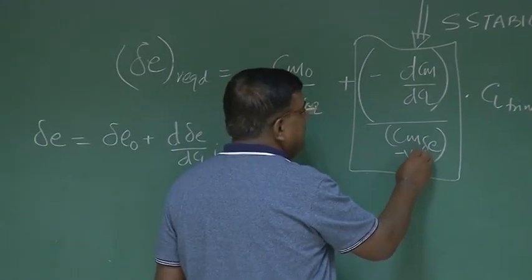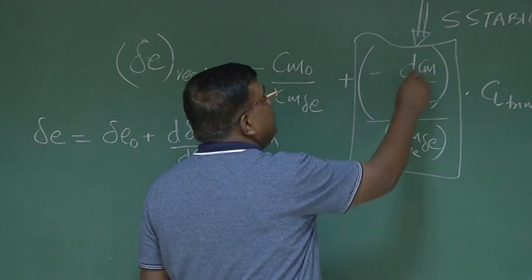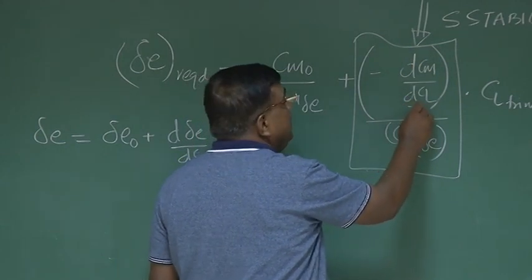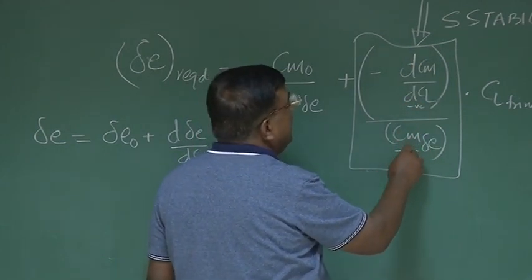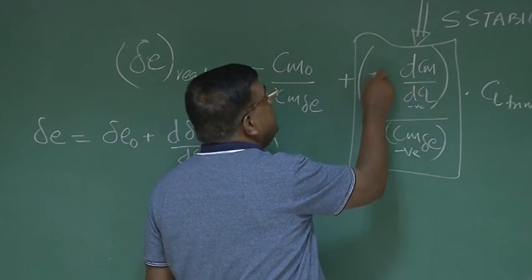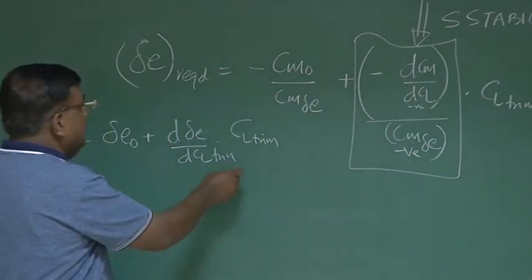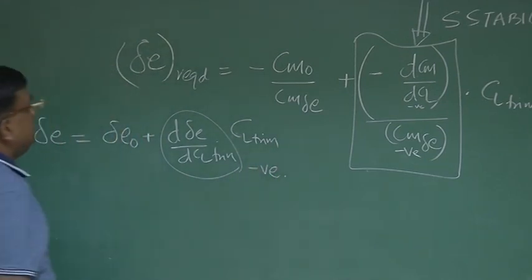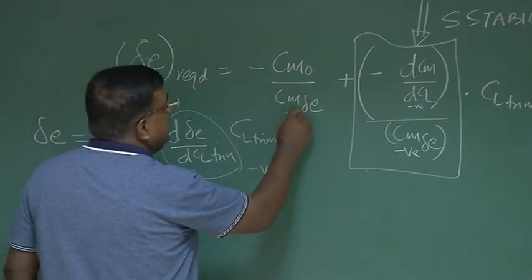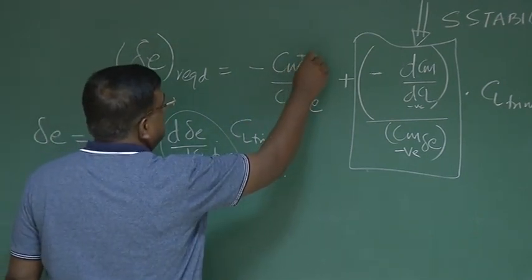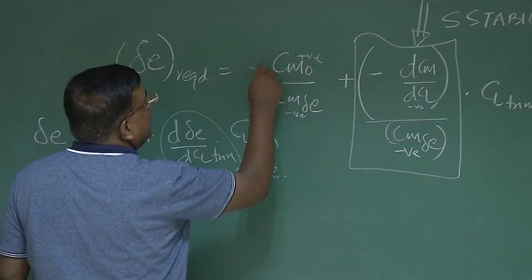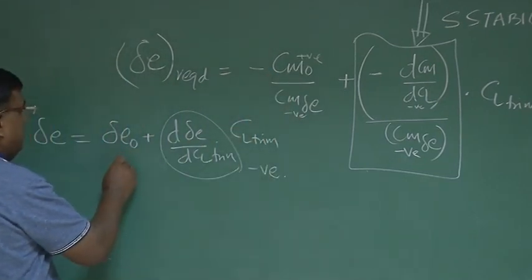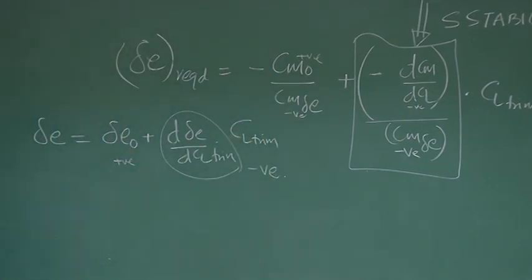Cm delta E is negative. dCm by dCL for a statically stable aircraft is negative. So negative, negative, positive, and the negative sign sitting here, so the sign of this is negative. What is the sign of delta E naught? Cm delta E is negative, Cm naught is positive, so the sign is positive. Is this clear?